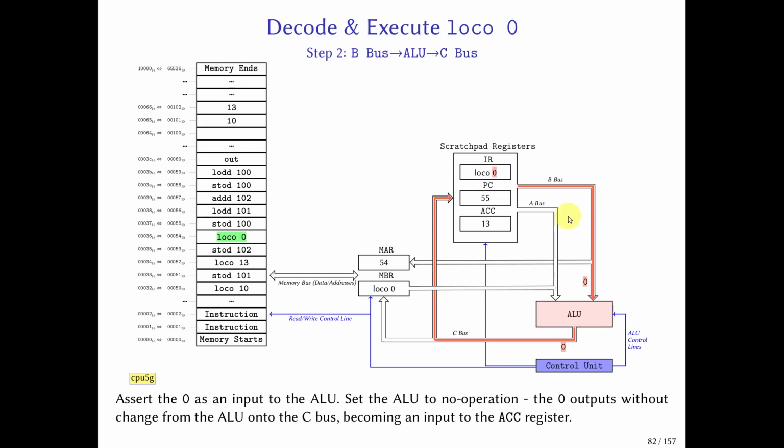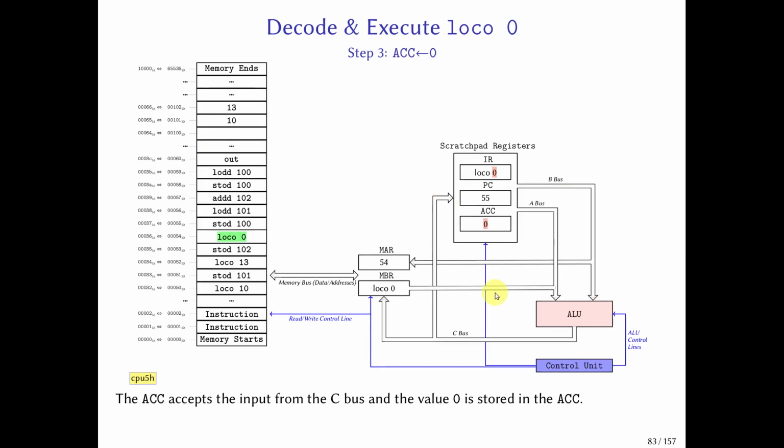So you can see that the value 0 goes to the ALU, and then from the ALU it becomes an input to the scratchpad registers, and then finally it ends up being copied into the accumulator where it overwrites the value that was there previously, which was 13.